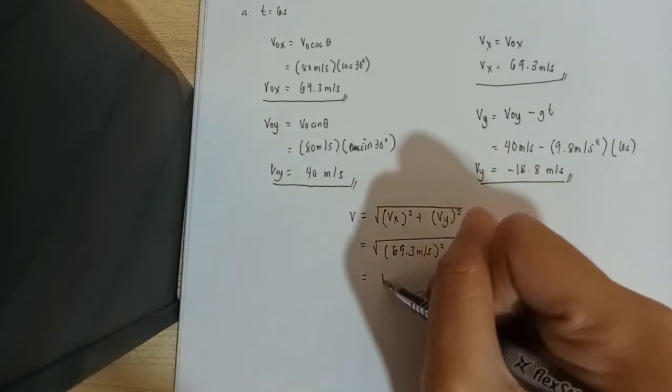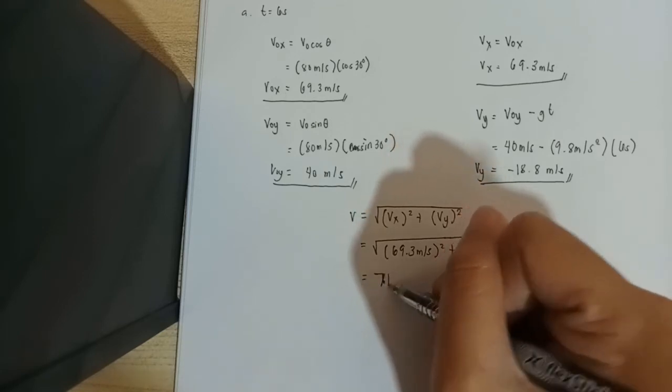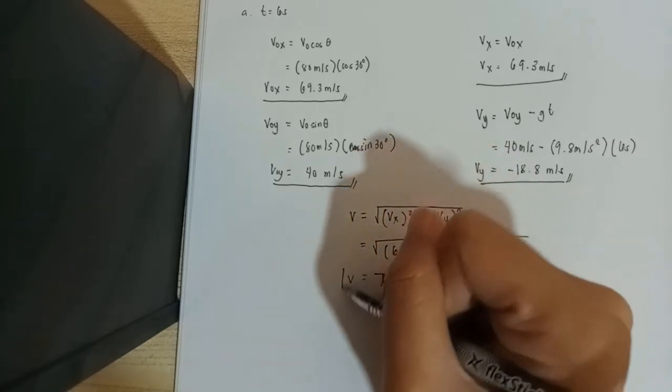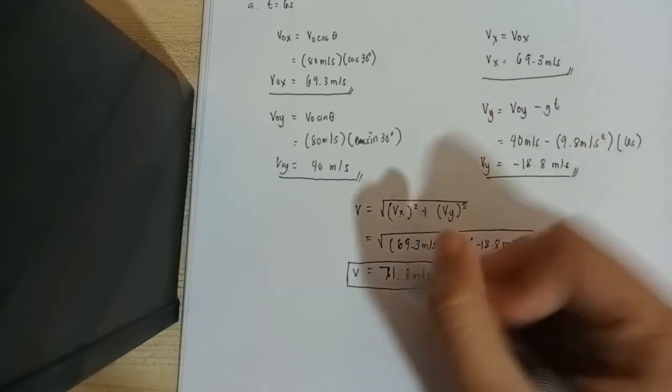So our V would be 71.8 meter per second. That will be our velocity.